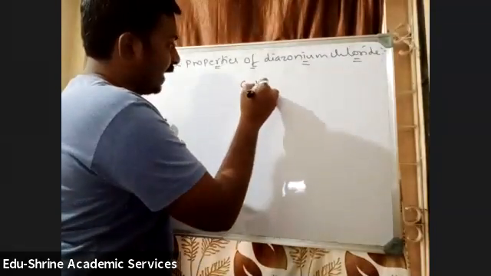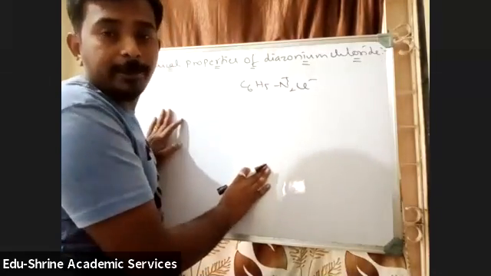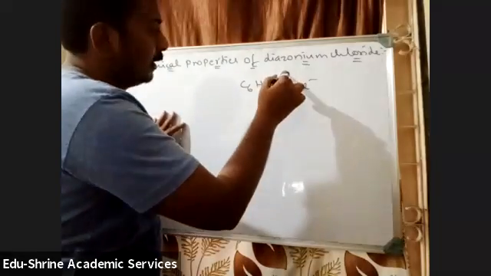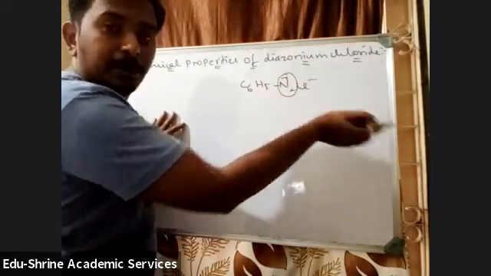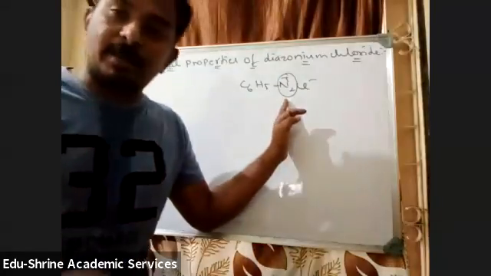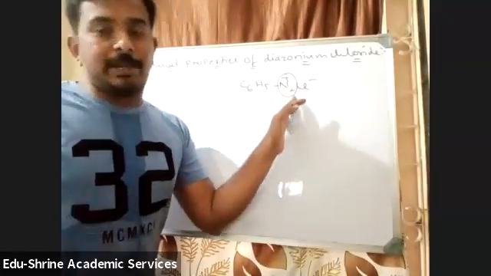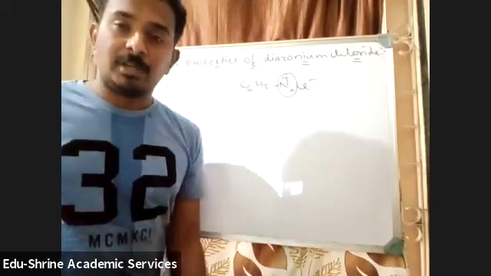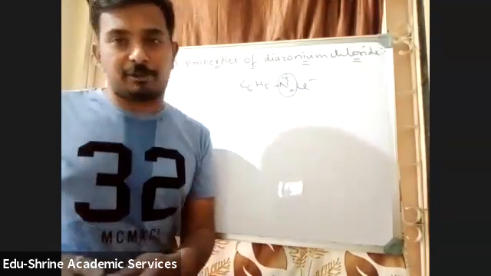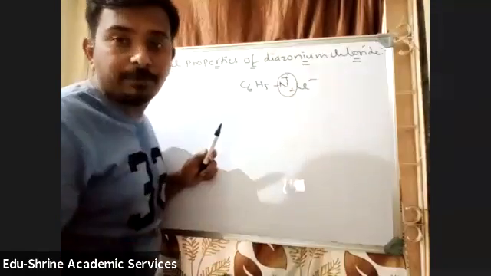This is the formula of diazonium chloride. In the first type of chemical properties, the nitrogen group will be replaced by some other group. In the second type, nitrogen is retained. So one is by replacement of nitrogen, the other by retention of nitrogen. First we will see the chemical properties shown by replacement of nitrogen.